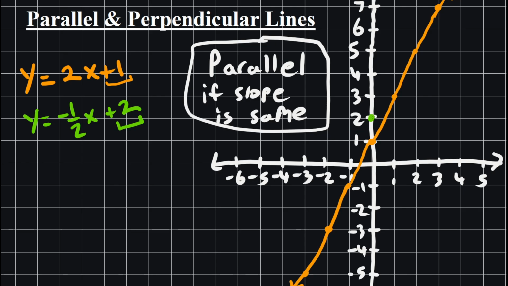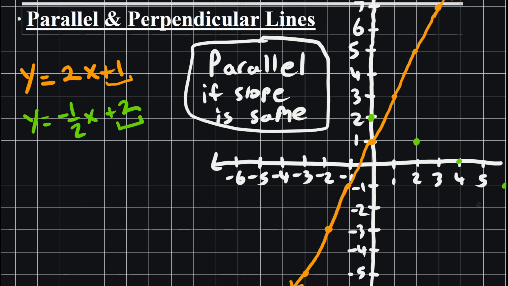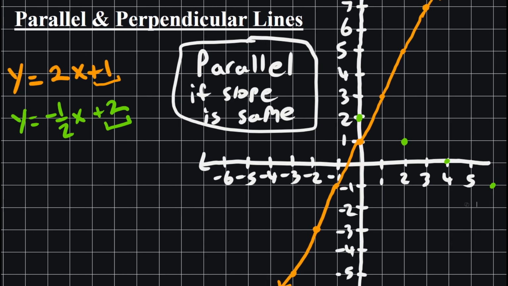So that means we're going to go down 1 and over 2. Down 1 and over 2, down 1 and over 2. And on the x-axis, that gets us to 6. Just go a little bit to the right so we could draw that 6. There we go.